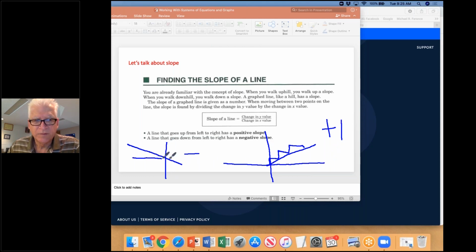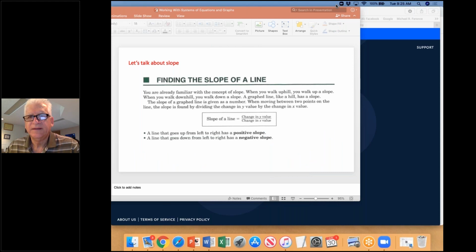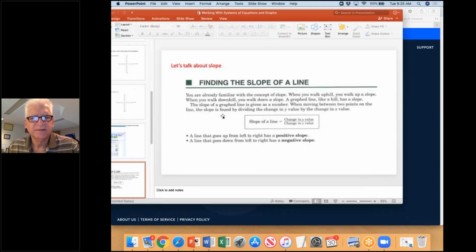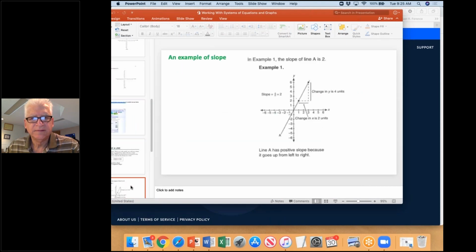This one is 1 up, 1 over, 1 up, 1 over. Same thing, and it's going to be a negative 1. I think I have some examples on my next slide.